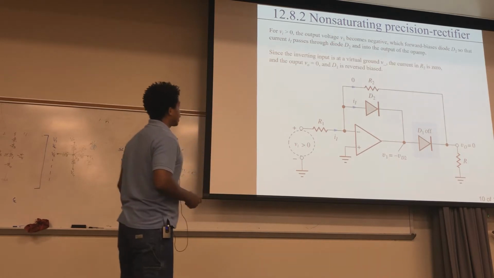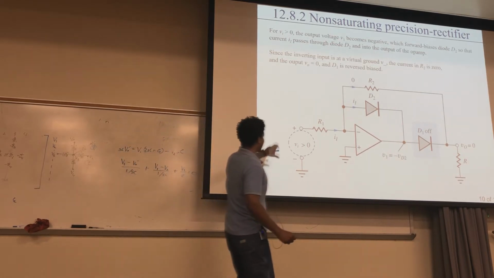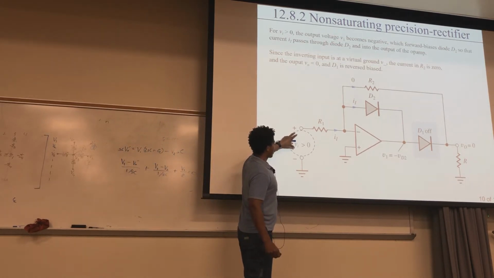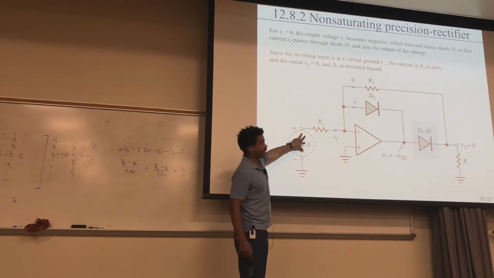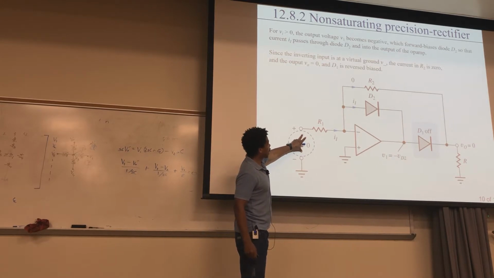Okay, so in this case, oh yeah, and this is something I found out in the book, and you guys probably realize this too, but sometimes if they don't have anything here between nodes, you're supposed to assume that it's an open circuit, and then sometimes you're supposed to assume that it's not an open circuit. In this case, you're supposed to assume that it's not an open circuit.